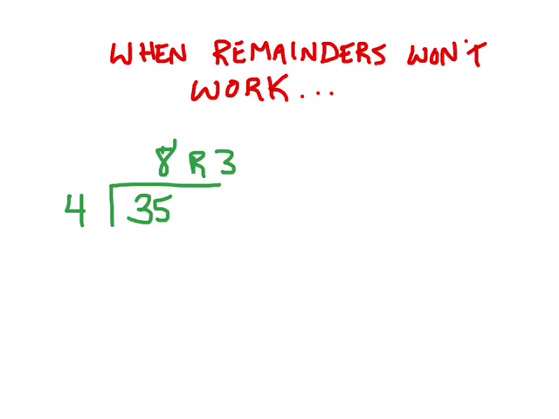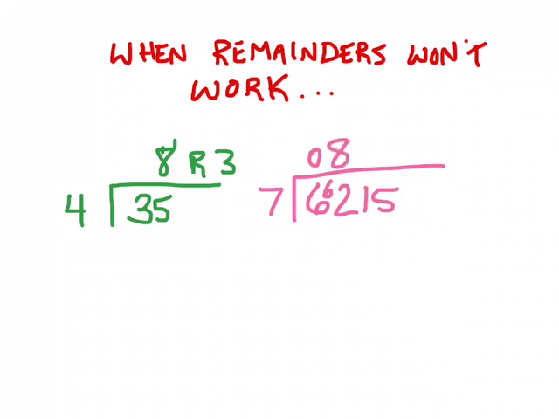There are lots of other cases, though, where remainders don't really make sense. If I'm traveling across the country on a plane and I travel 6,215 miles in 7 hours, and I want to know how many miles per hour that is, I can go through my division process. 6 doesn't go in, carry the 6, 7 goes into 62 8 times, with 6 left over. 7 goes into 61 8 times with 7 left over. 7 goes into 75.